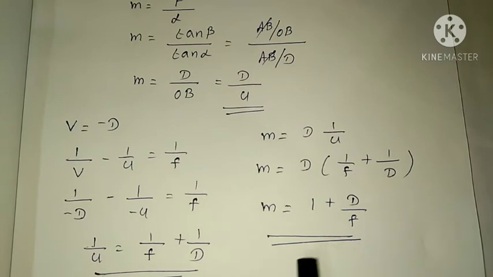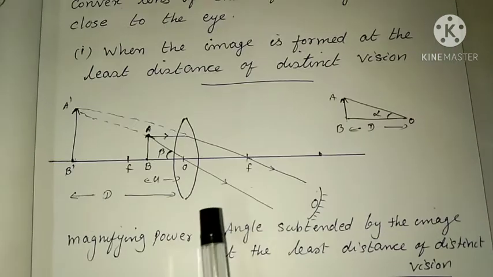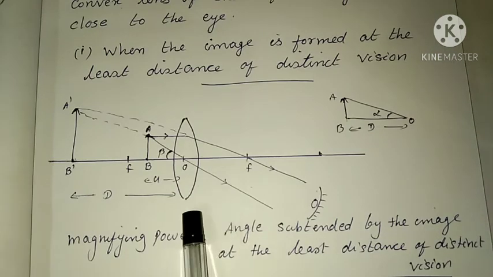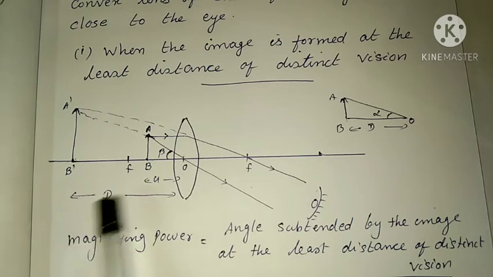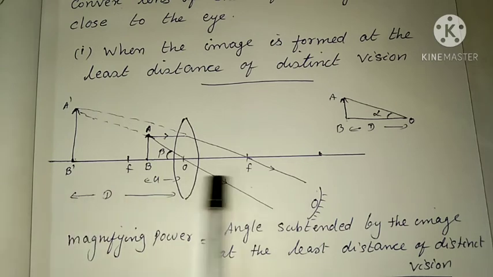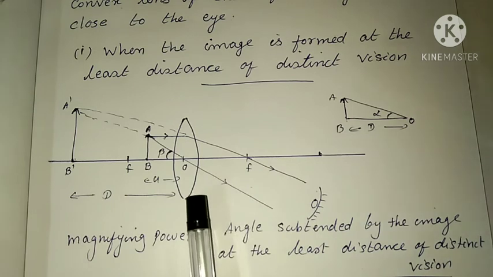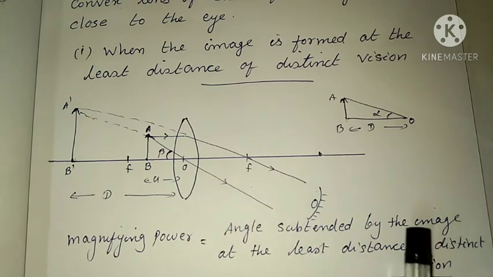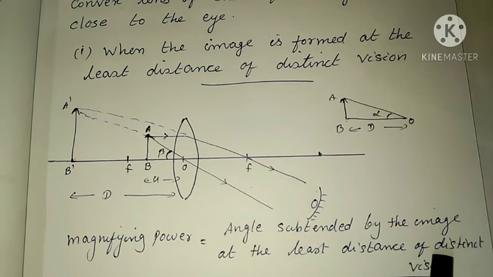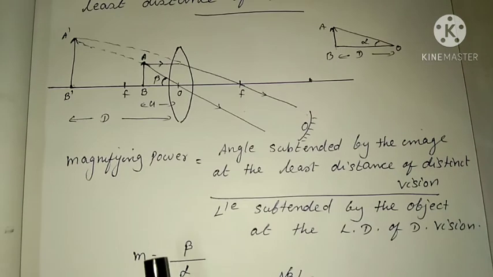So this is the magnification of a simple microscope when the image is at the least distance of distinct vision, and you want to draw the diagram for the simple microscope for this case. Clear? So this is the case when the image is formed at the least distance of distinct vision. You should remember the angles, that is the angle with the object and eye, and the angle with the image and the eye. Then what is the magnifying power?